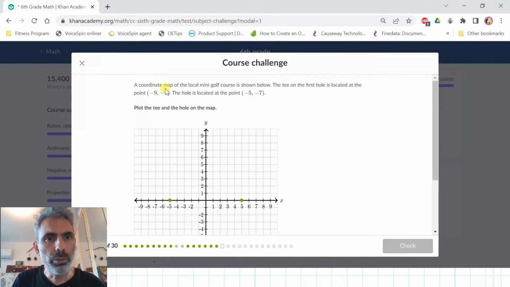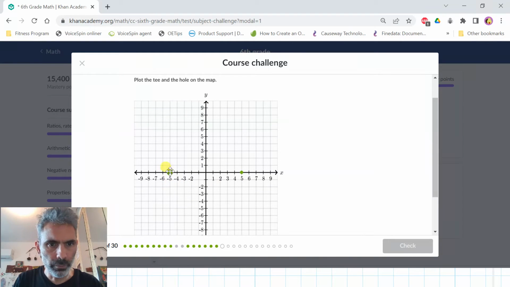Okay, a coordinate map of the local mini-golf course is shown below. The T on the first hole is located at point (-9, -7), so this is -9, this is -7.